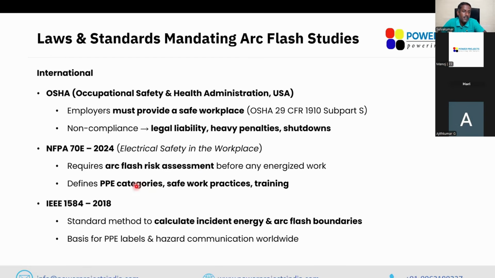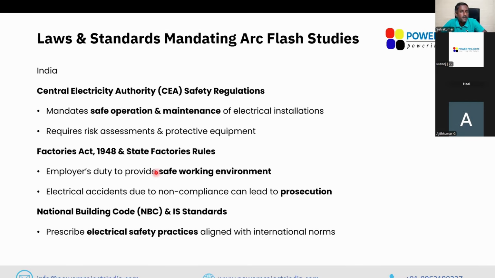That's where PPE is recommended, by NFPA 70E, not by IEEE 1584. It defines safe working practices and recommends training. IEEE 1584-2018 helps you find the incident energy and arc flash boundary, based on which, using NFPA, you can recommend PPE.